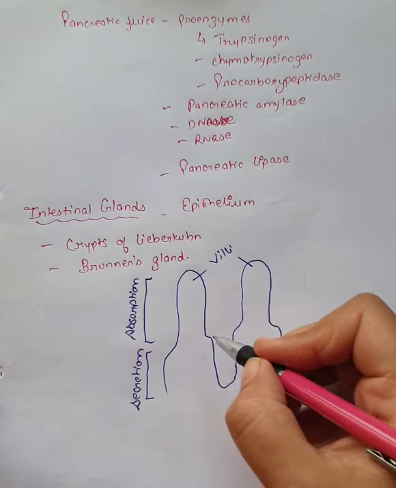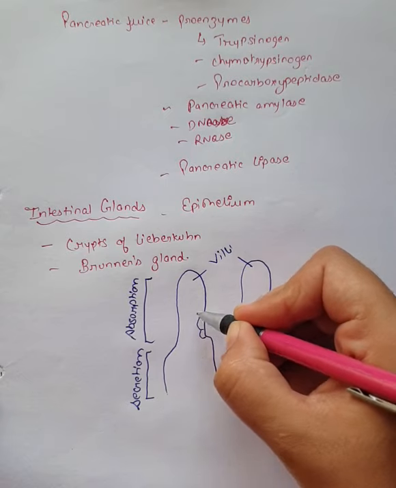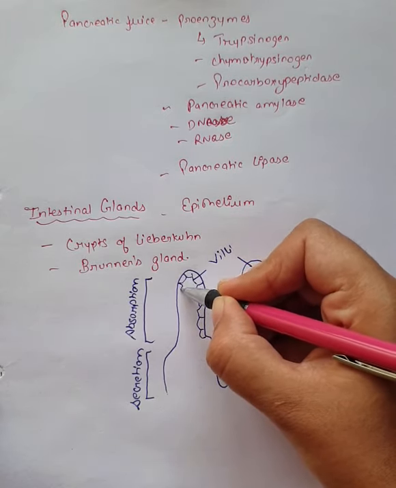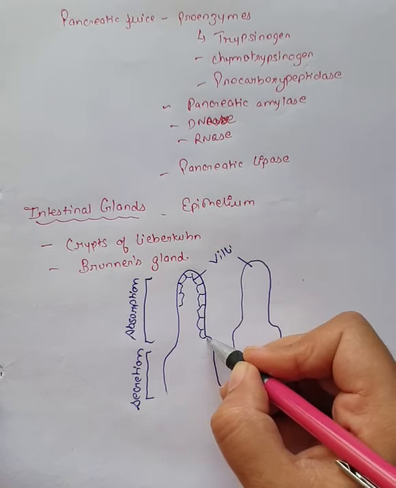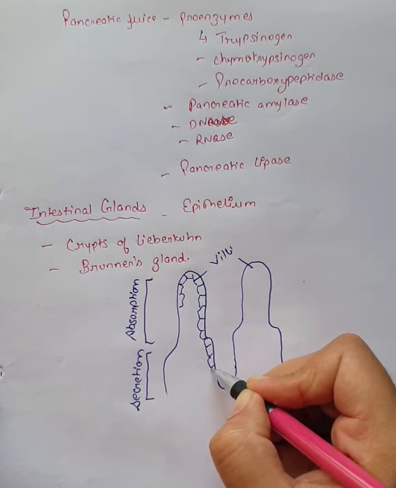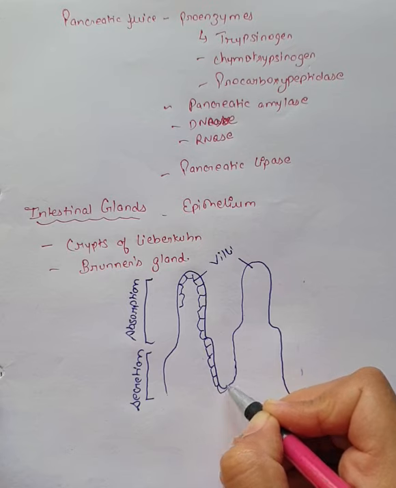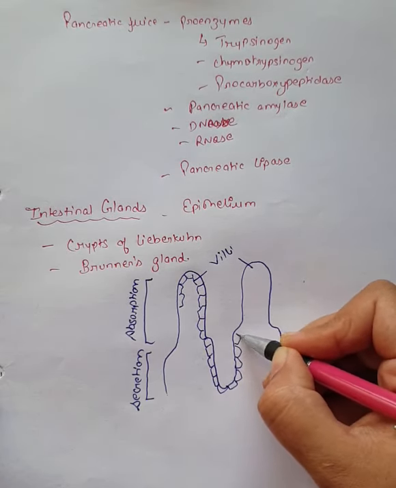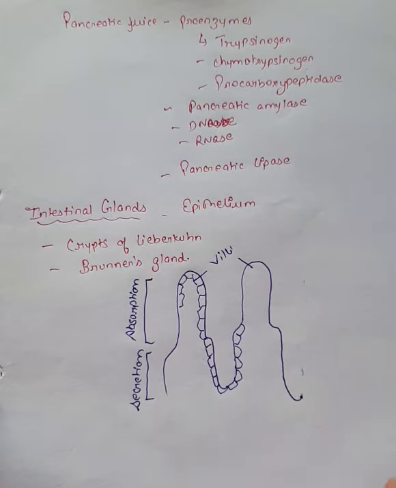This is the intestinal epithelial cells. These are simple single layer epithelial cells which are involved in absorption, and similarly the lower part also has cells, but these cells have adapted their function to secretion. So this is how cells are present.